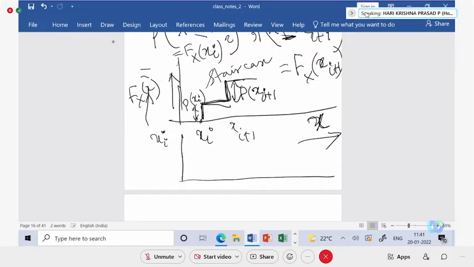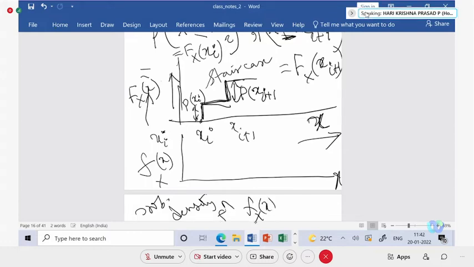I have another concept referred to as the probability density function, indicated by f_X of x. By probability density function, what we mean is the derivative of the probability distribution function.